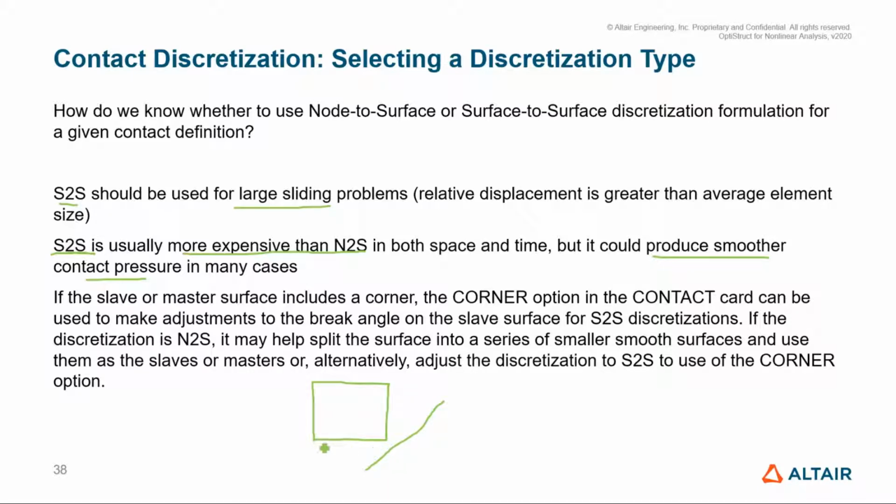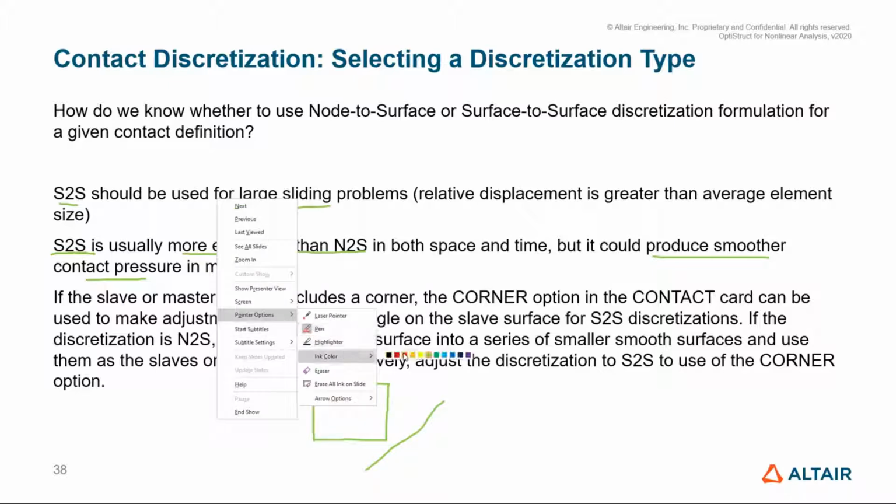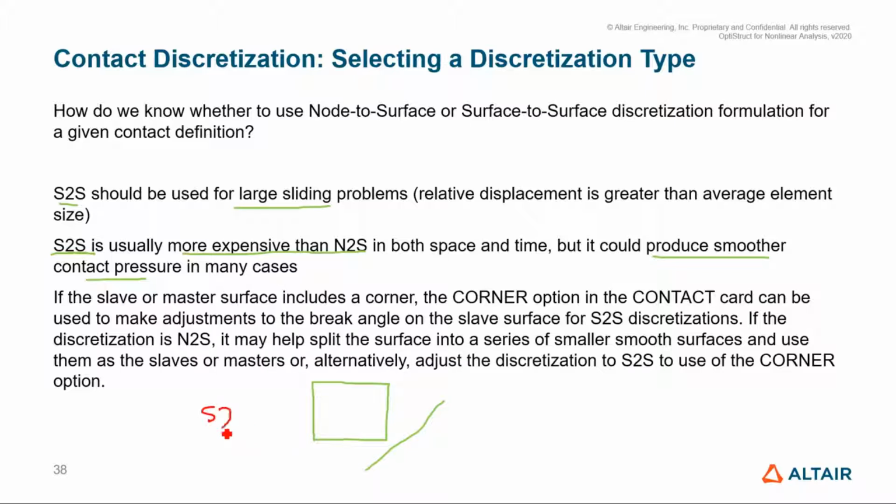If there's a corner here, and I'm using surface to surface, but I define the surface of the box as a continuous surface, so these two sides of the box are defined as a single slave set, then we have the corner option that you can turn on in the contact card to tell it that there's a corner, and that this surface here is actually different from this surface. That applies if you're using surface to surface.